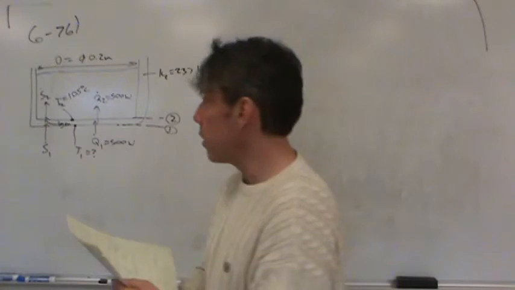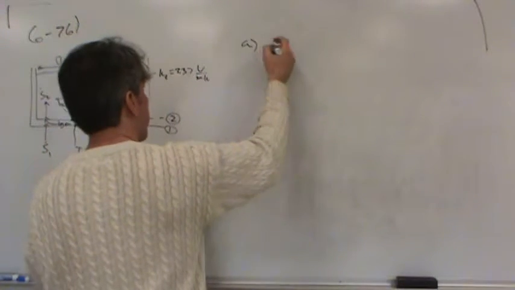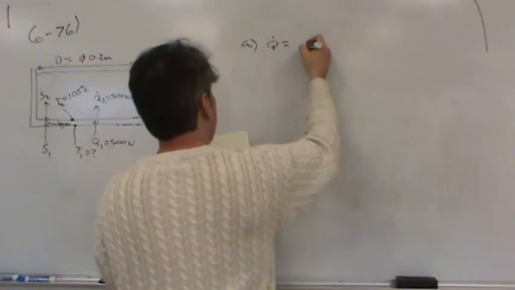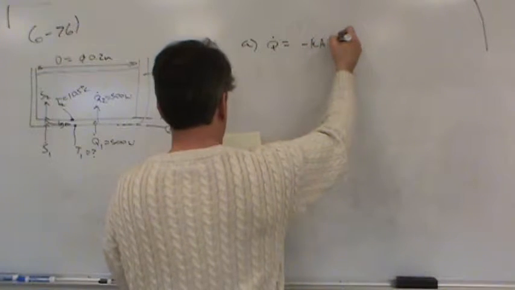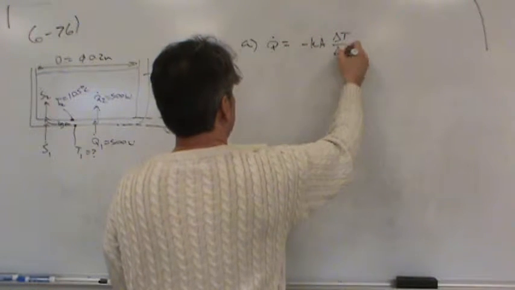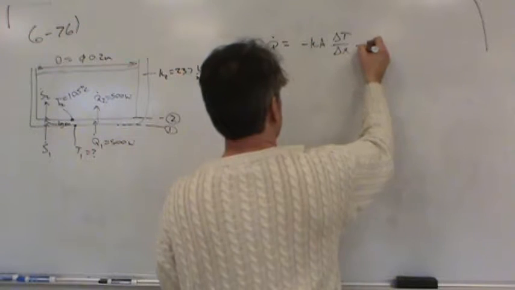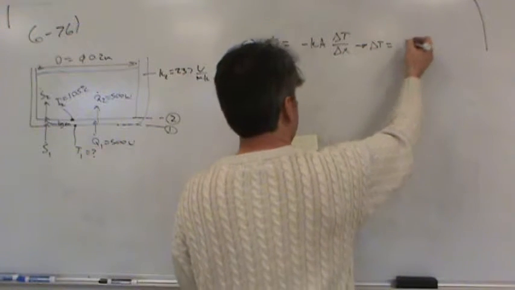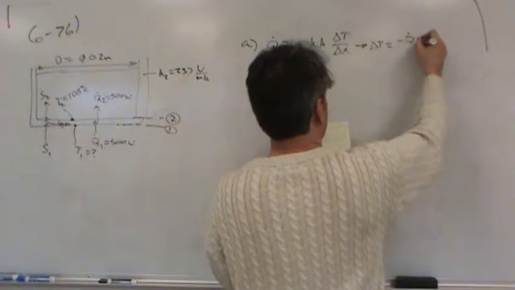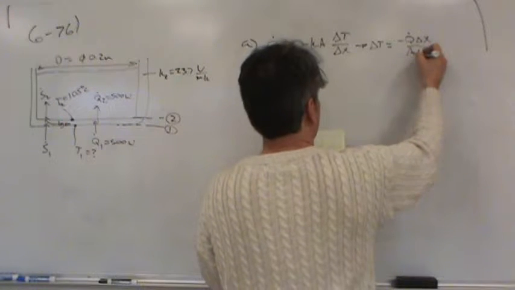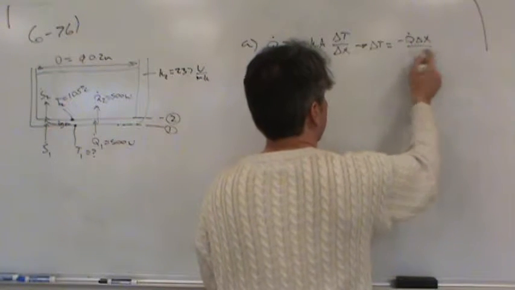So for part A, we could simply use Fourier's rate equation, Q dot equals negative K A delta T over delta X, to ask the question, how much difference in temperature is there? Well, it's negative Q dot delta X over KA.